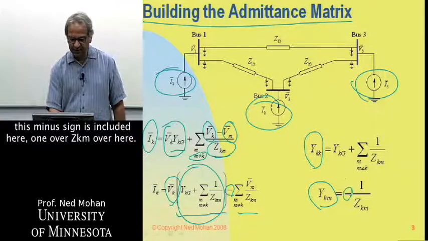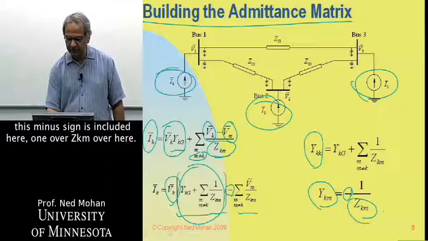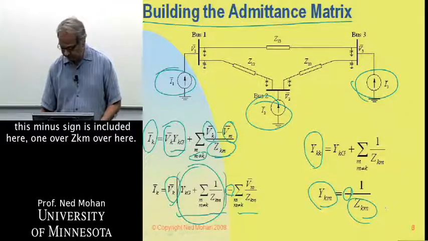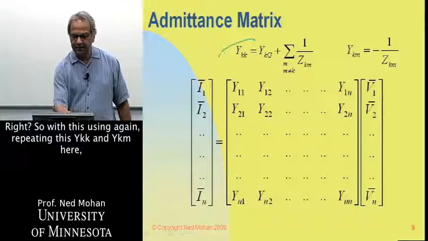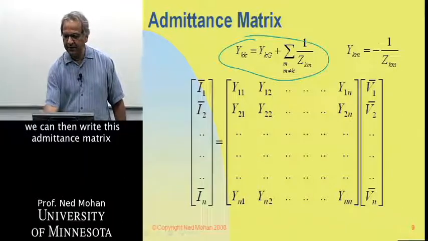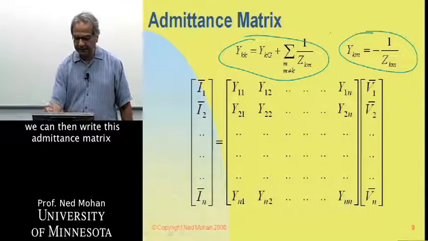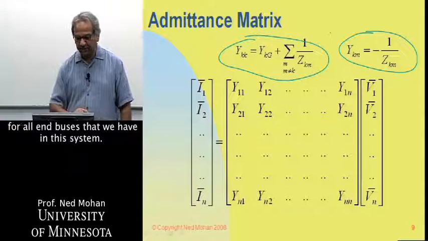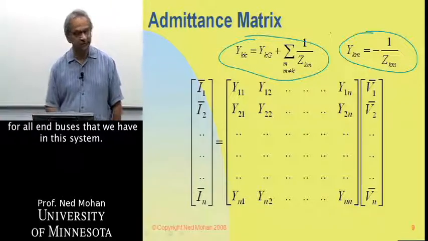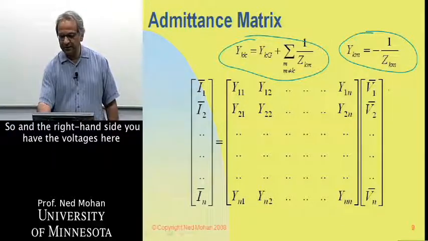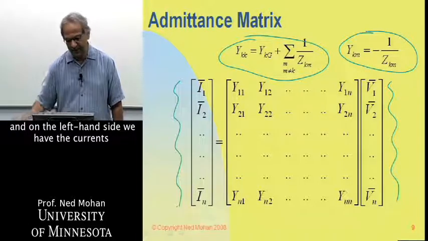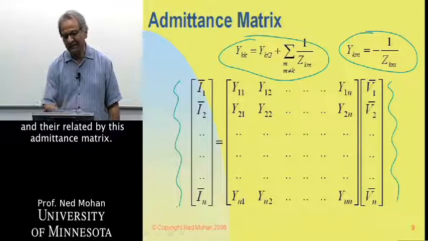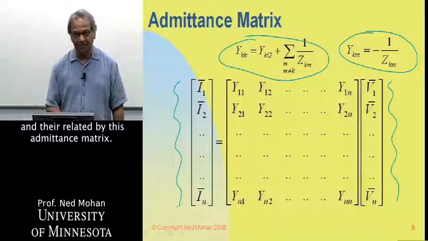Repeating this Ykk and Ykm, we can then write this admittance matrix for all n buses that we have in the system. On the right-hand side, you have the voltages, and on the left-hand side, we have the currents, and they're related by this admittance matrix.